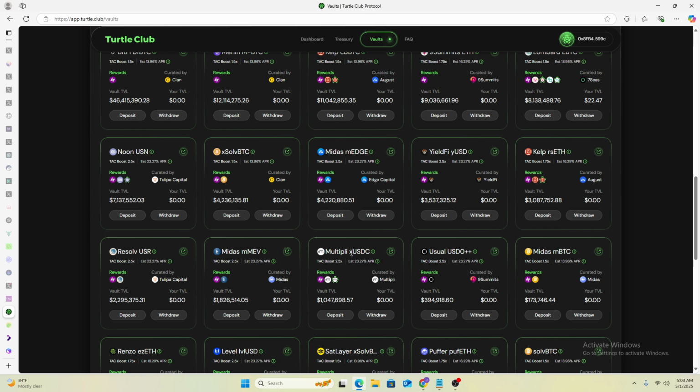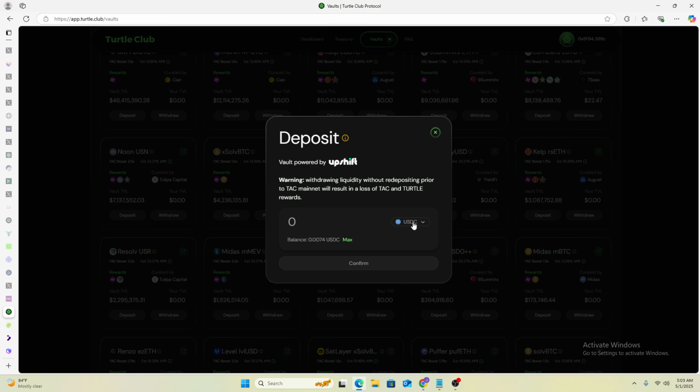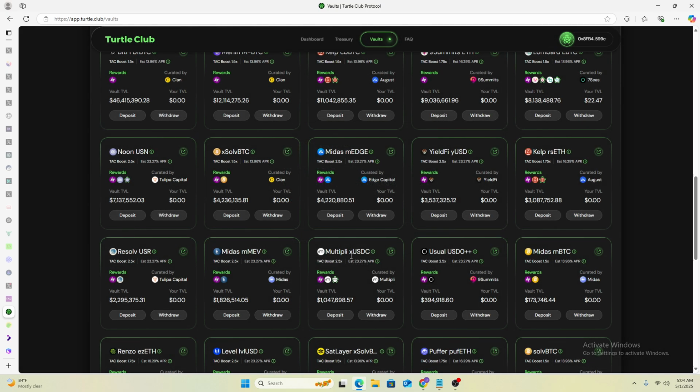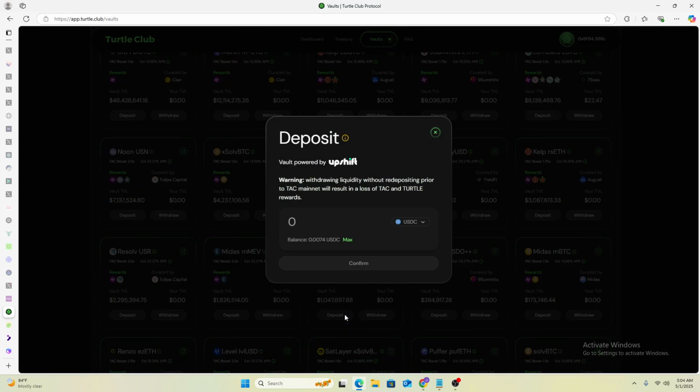I like this strategy, multiply X USDC. I've done a video about that because it involves USDC. So if you deposit your USDC into this vault on the Ethereum chain, you'll be earning TAC and Turtle rewards, but also earn multiply 5 points. Now, mind you, if you withdraw your funds, you will lose the TAC and Turtle rewards.